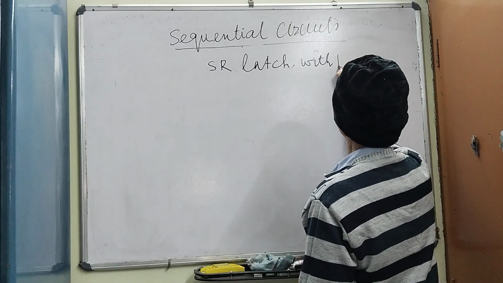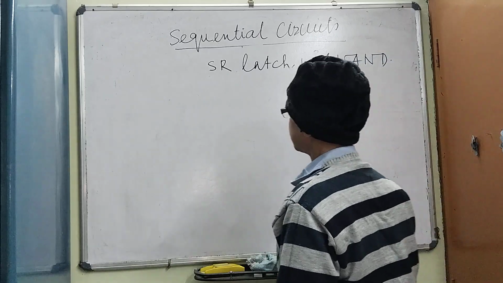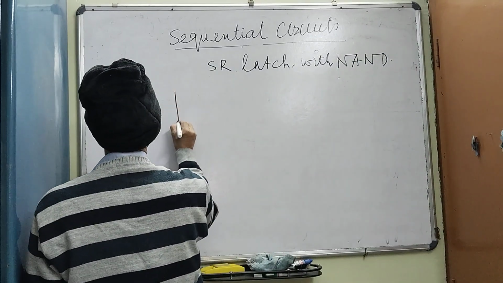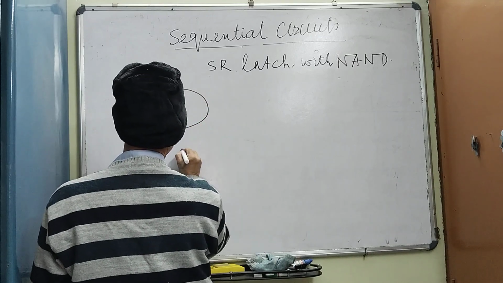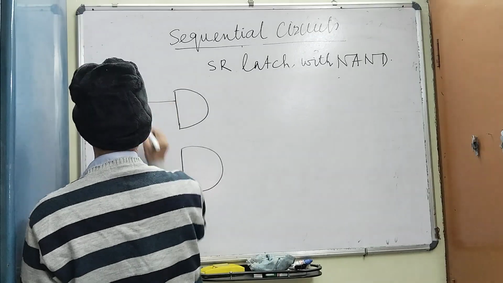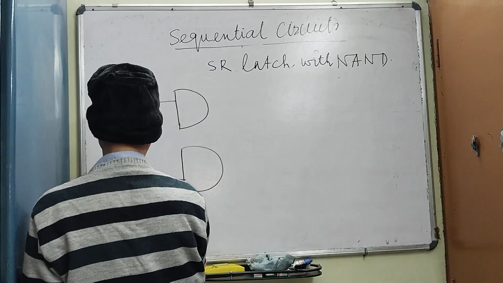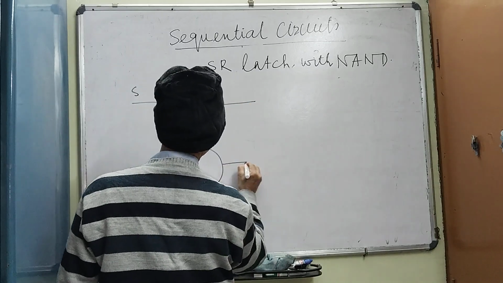SR latch with NAND gate. In the diagram, we need two NAND gates. So this is S and this is R, and this is the output, and this is the output.